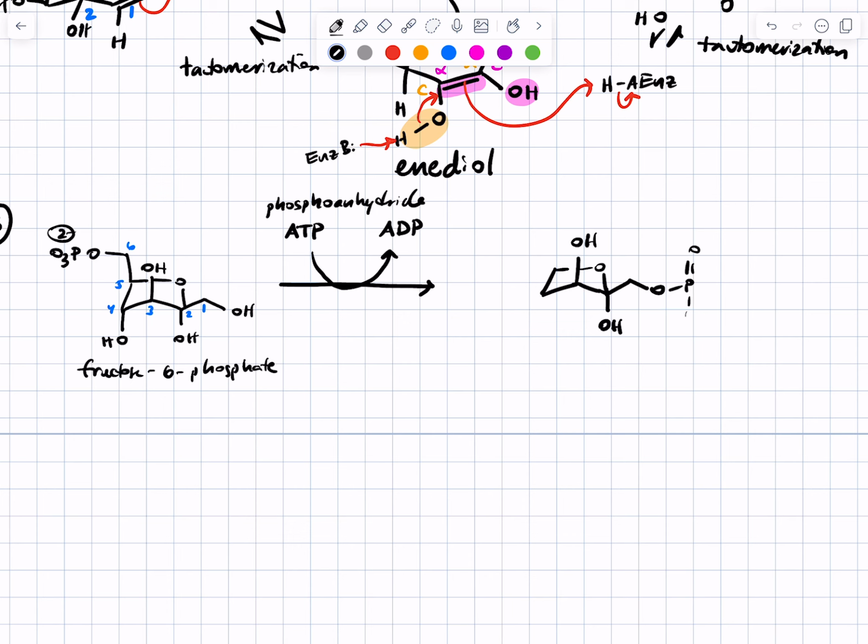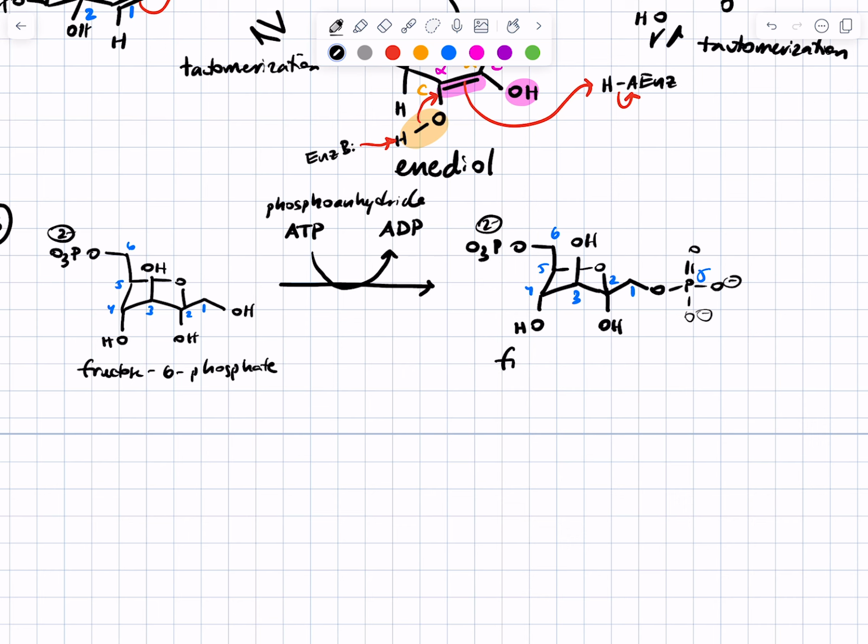The new phosphoryl group, the gamma phosphoryl group on ATP, ends up on C1 as a phosphoester. And then, of course, we still have the C6 phosphoester as well.